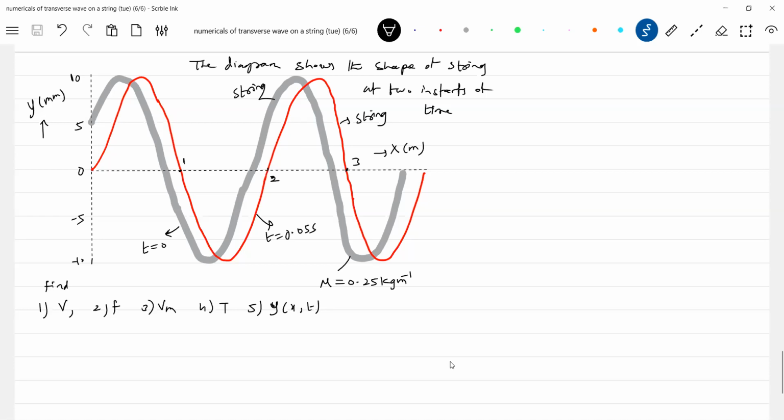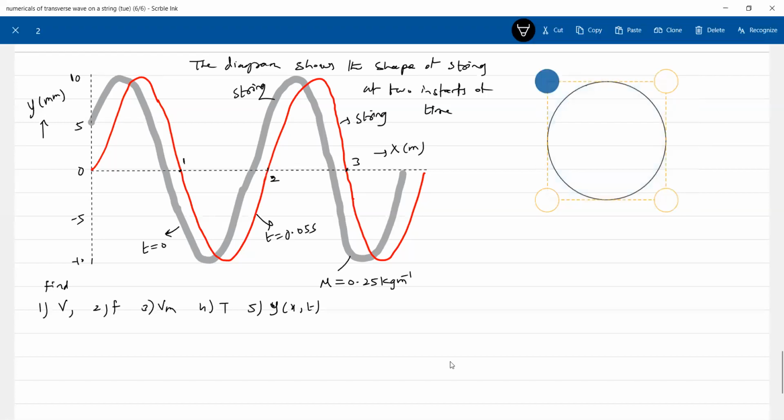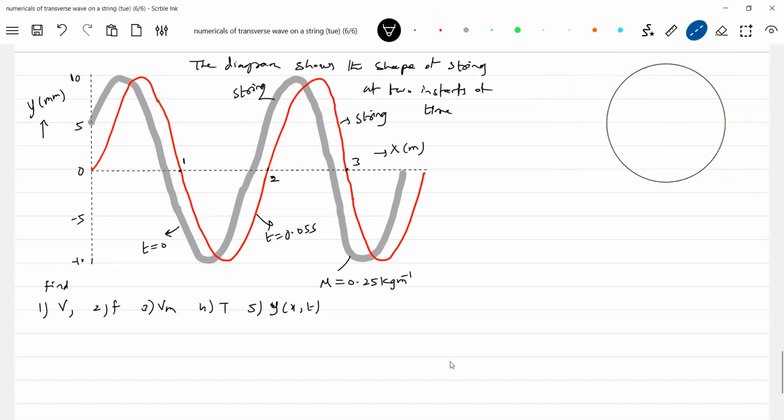I'll take help of the circle. We'll draw a small circle. Okay, this will be where it is at t equals 0. It is somewhere here.